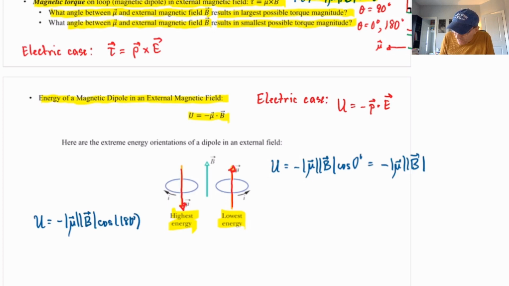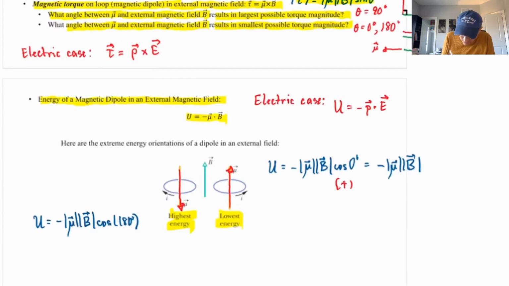And whereas the cosine of 0 degrees is plus 1, the cosine of 180 degrees is negative 1, and so the energy is plus mu times B. And that's the highest possible energy configuration of a magnetic dipole in an external magnetic field.